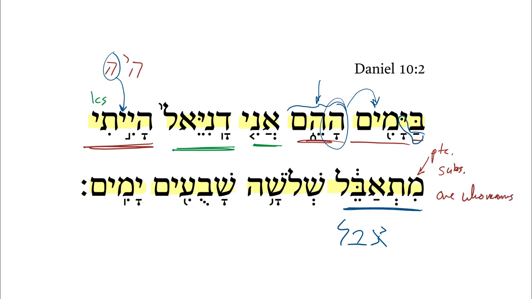And so what this is, I existed as one who mourns, meaning I was a mourner or I was mourning. But since Hebrew has verbless clauses, I don't see haya technically as the to be verb, though that comes across well in English. Rather, what we have here is I existed in the status of one who mourns.